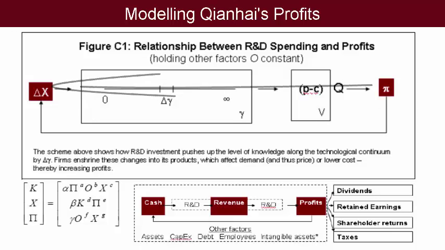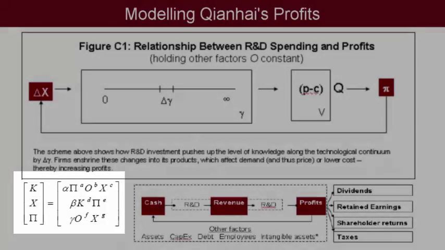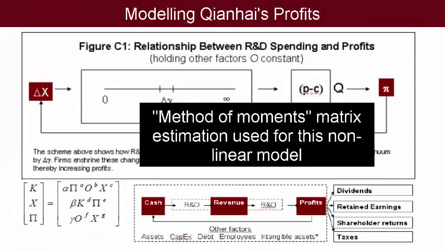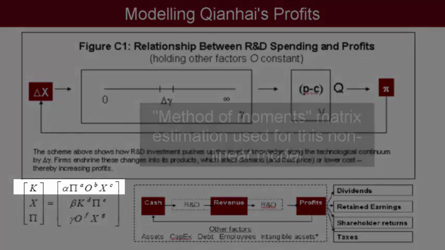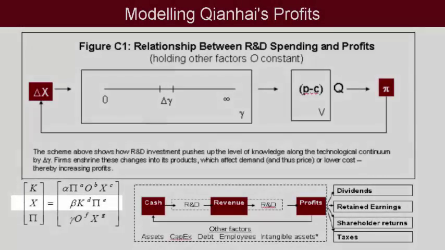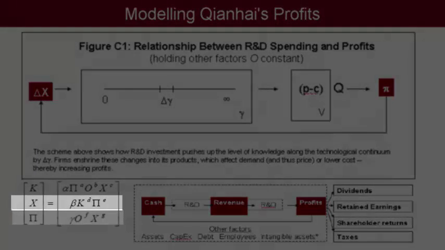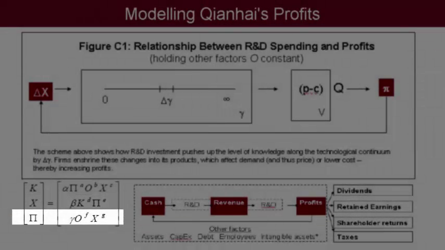Slightly more complicatedly, we model capital, R&D and profits as the nonlinear combination of each other. Thus, we try to weed out, using complicated modeling and econometric methods, the effect that profits, R&D spending, and other spending has on investment, the effect that capital and profits have on R&D spending, and other expenses have on profits.